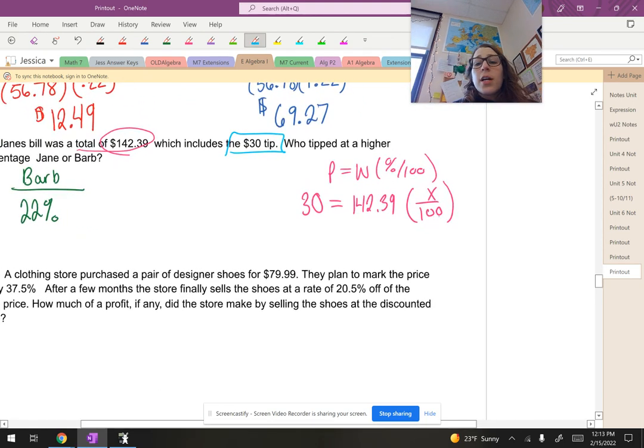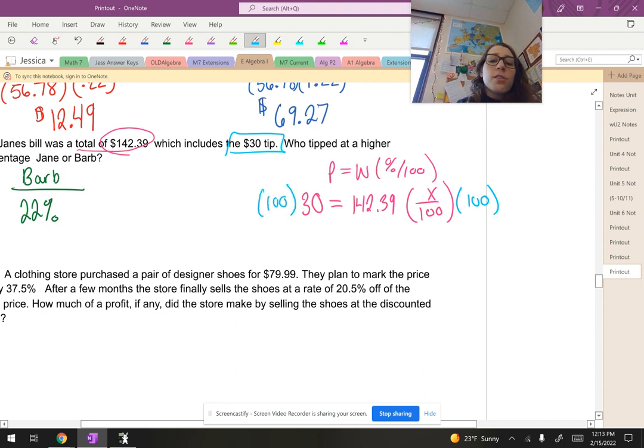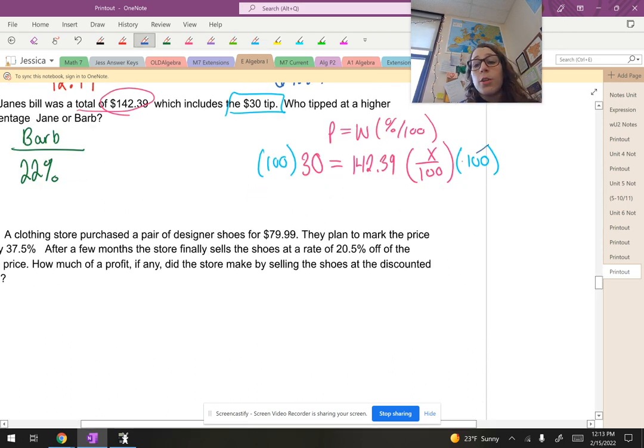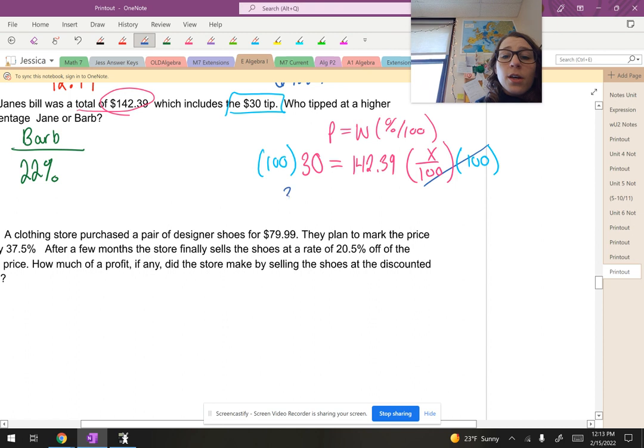All right, so I'm going to start by getting rid of this division by 100 by multiplying both sides by 100. That isn't the first step you have to do. You could also get rid of the 142 first. It all just depends on what jumps out at you. So 3,000 is equal to 142.39 times that x that's left.